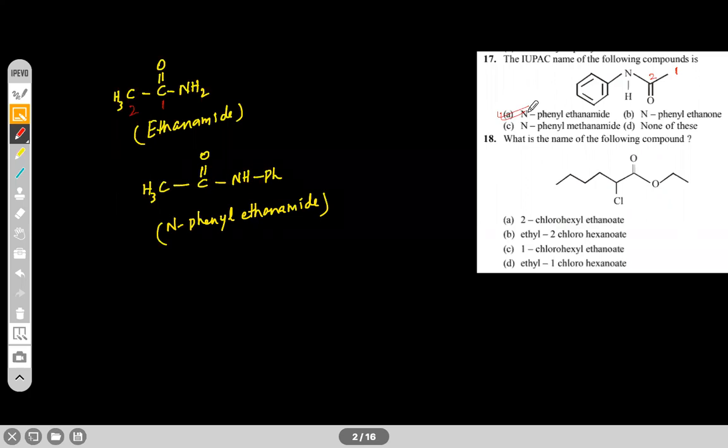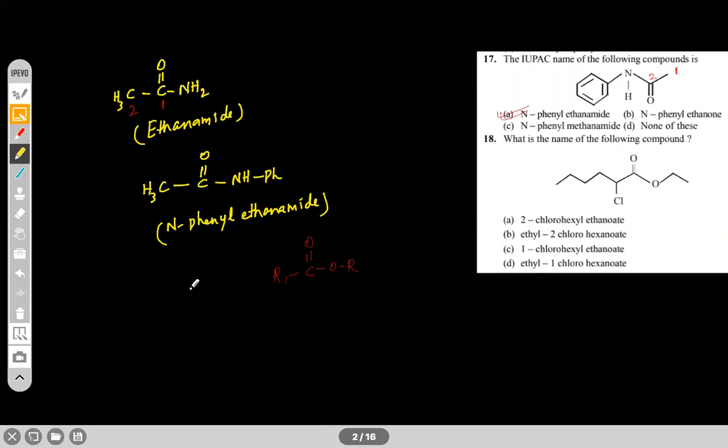Okay, next one, what is the name of the following compound? You need to find out the name of this, and you see it is COOR, an ester. R C double bond O OR is the general form.